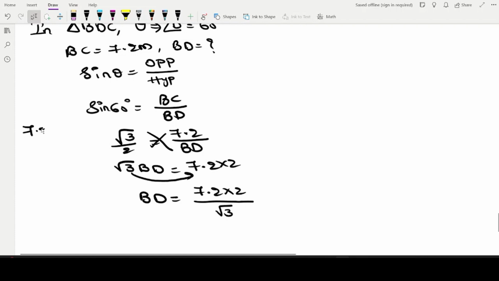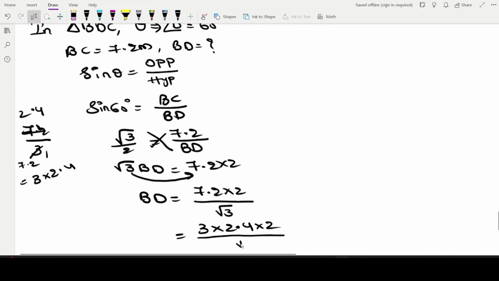You can write 7.2 as, you can first divide with 3 ones are 3 twos are 6. You are left with 1. 3 fours are 12. That means you can write 7.2 as 3 into 2.4. So you can write it as 3 into 2.4 into 2 divided by root 3.